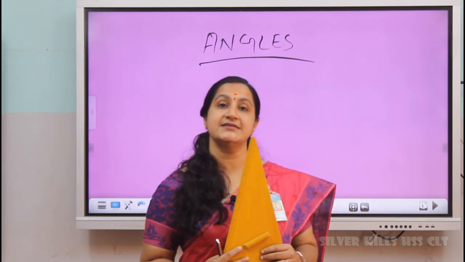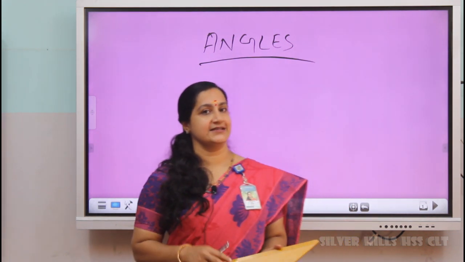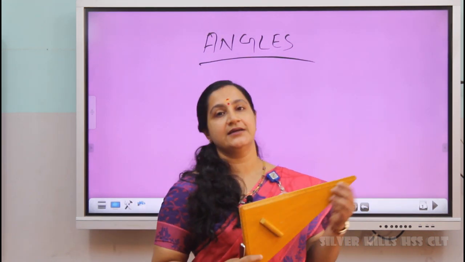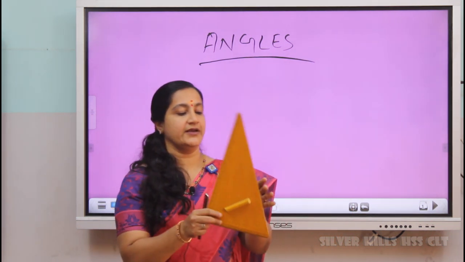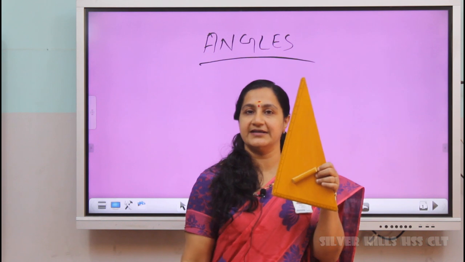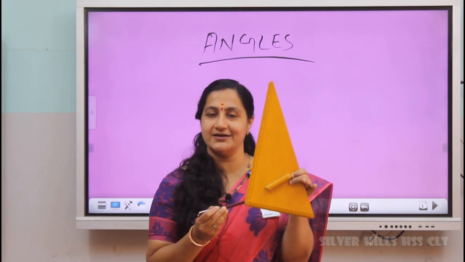How can we divide the circle into equal parts? Before discussing that, let me take this set square. This is a set square. Already we said it has 3 angles. This is called the square corner.